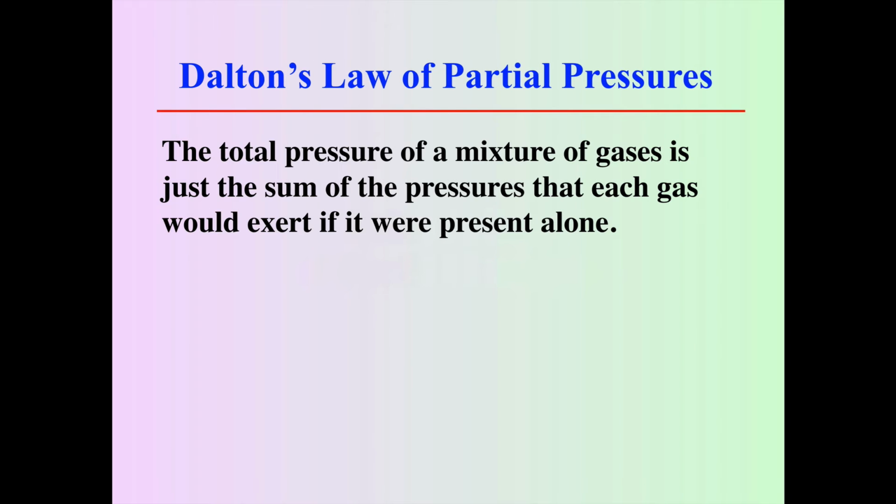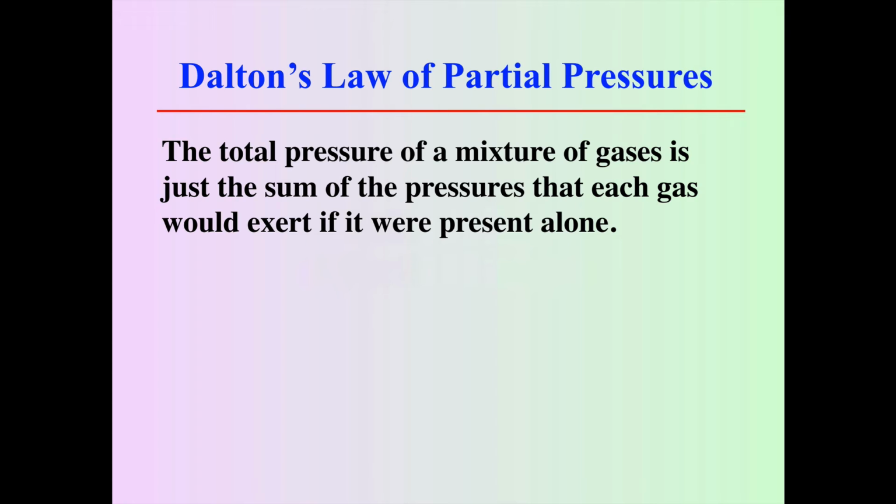Another fact about gases. So we've got Avogadro's fact, we've got Dalton's fact, we've got Charles's fact. This is Dalton's law of partial pressures, which says that the total pressure of a mixture of gases can be treated as the sum of the partial pressures.